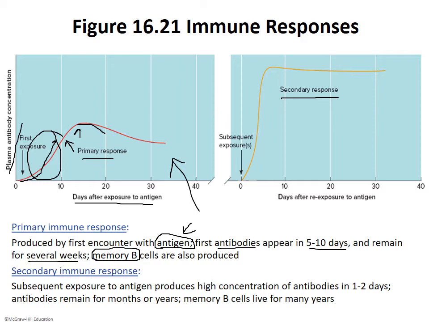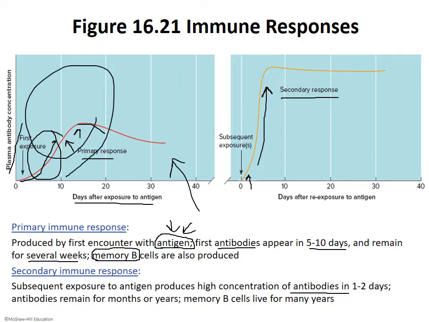Secondary: anytime this antigen decides to make its ugly face known in my body, boom, it's on. As soon as that antigen is detected, these memory B cells will automatically start making antibodies and kick in within a couple of days, and you can see how it spikes. And since we now know what works, we're no longer in this trial and error phase.